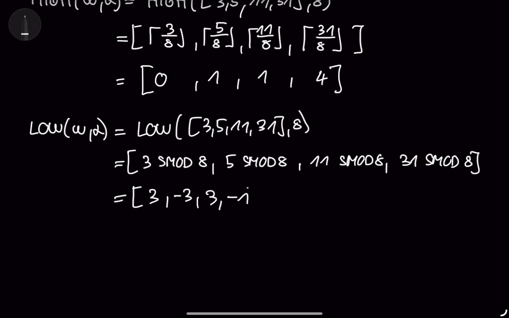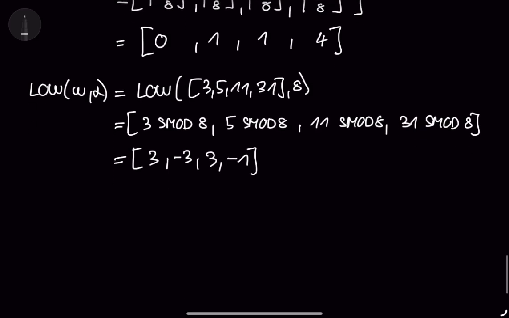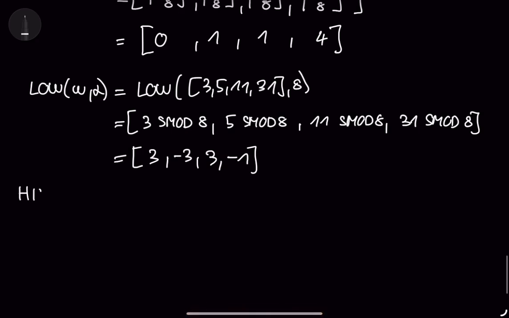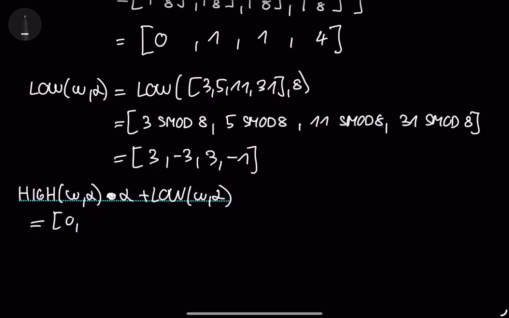Okay. So we consider now the recomputation. Put it together: high times alpha plus low W alpha, and this is 4 times 8 plus 3, minus 3, 3, minus 1.